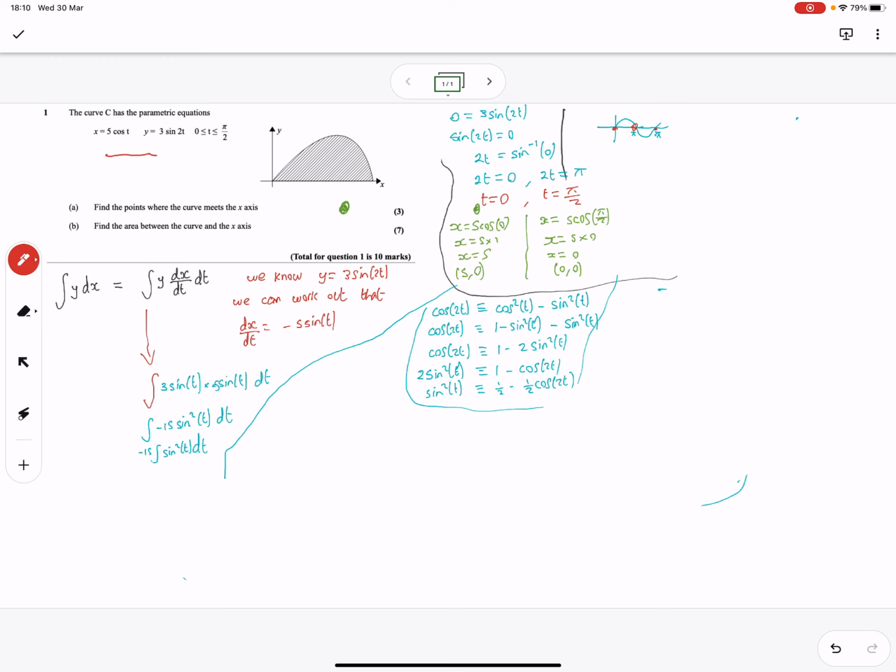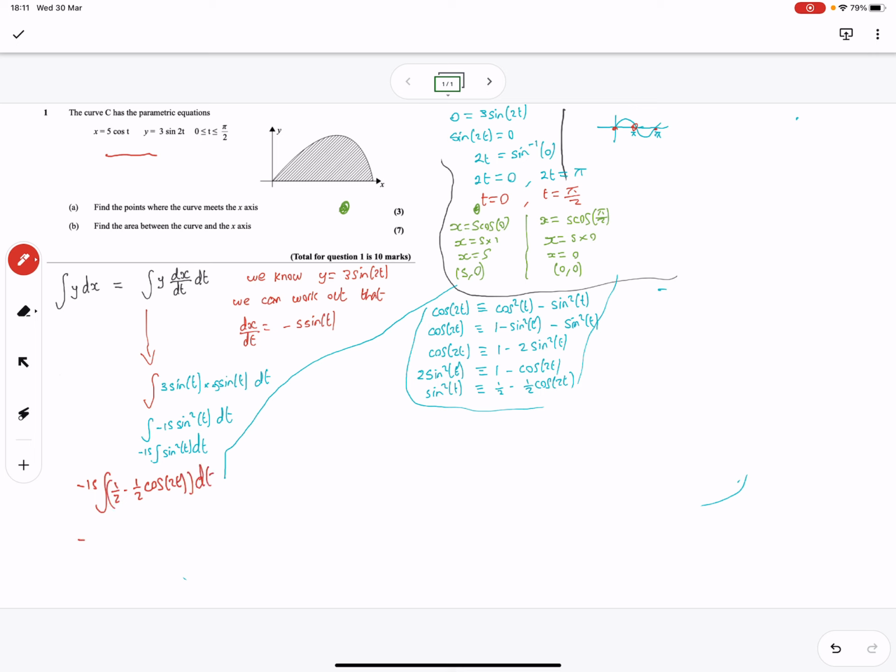Now I know that sine squared t can be written as 1/2 minus 1/2 cos 2t. Instead of writing minus 15 sine squared dt, I can put minus 15 times the integral of 1/2 minus 1/2 cos 2t. That's easier to integrate.